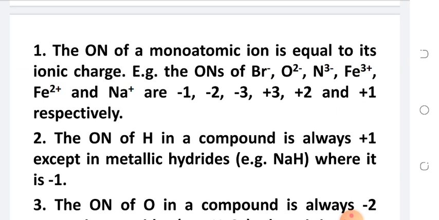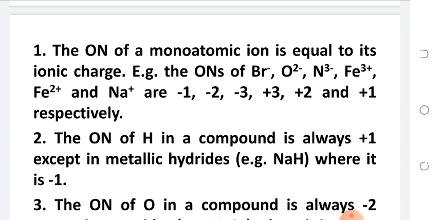For example, as you can see here, we have bromide, oxide, nitride, iron(III), iron(II), and sodium ions. The charges on each of these are -1, -2, -3, +3, +2, and +1 respectively. So the charge is the oxidation number of a monoatomic ion.